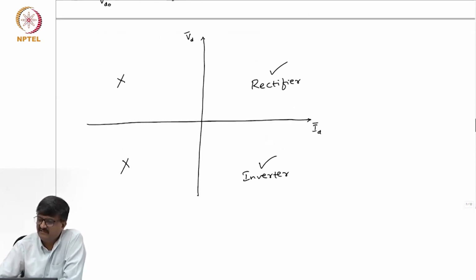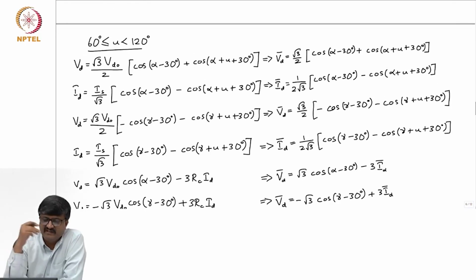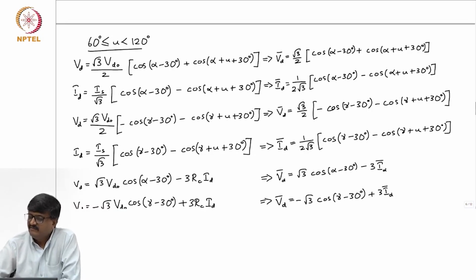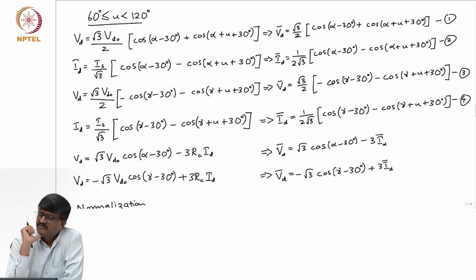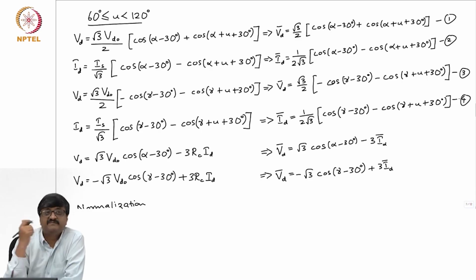So for that, I have to consider the equations corresponding to the appropriate range of u, that is greater than or equal to 60 degrees and less than 120. So let me call this equation number 1 for this range of u. This is 2, 3, 4. So if I take equations 1 and 2, I can eliminate u and get an equation relating VD, ID, alpha. Then I can see what will be the curve that I get for a given value of alpha.